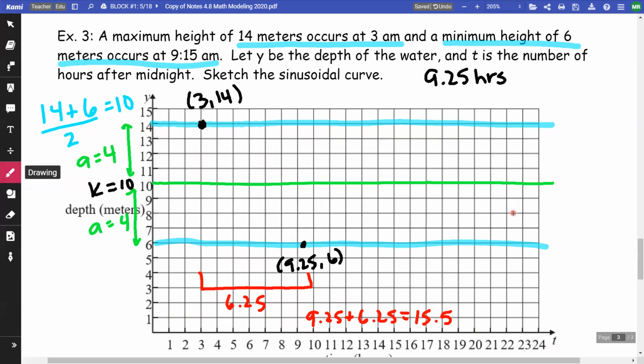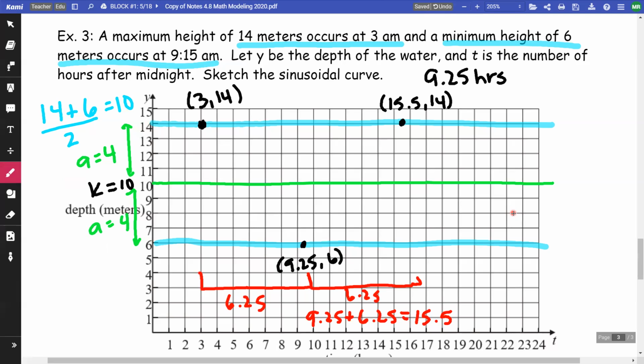That's going to be my high, so this is 15.5 comma 14. So now I have my high at the start and my high at the end.